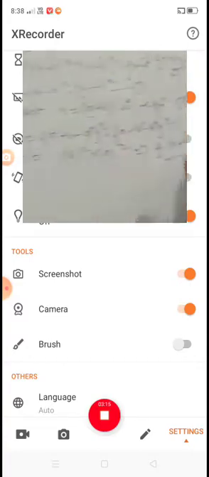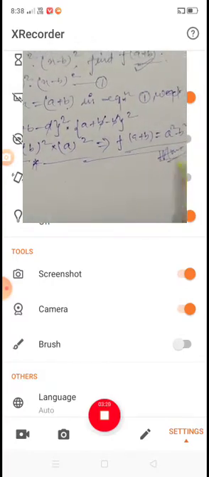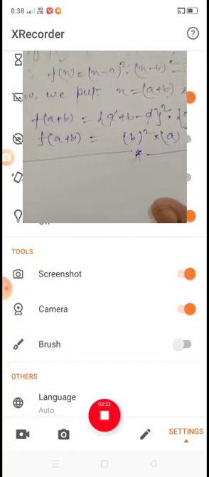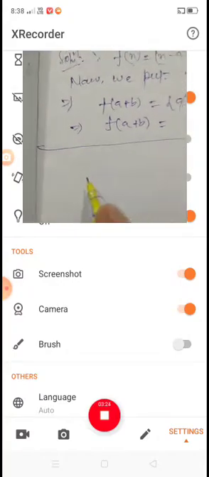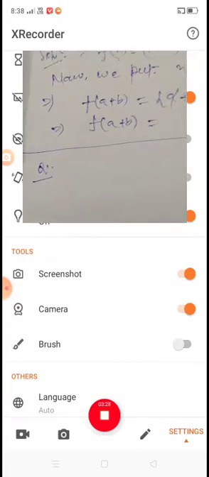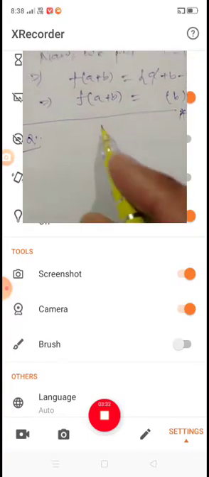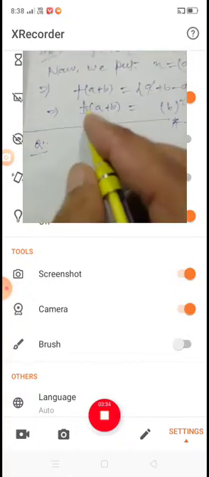Now we take some questions from NCERT. This is your NCERT question.